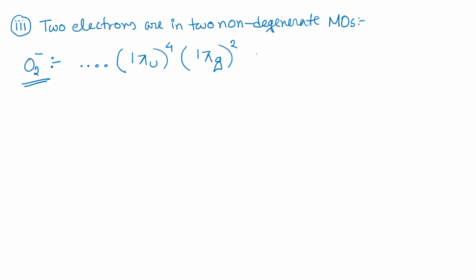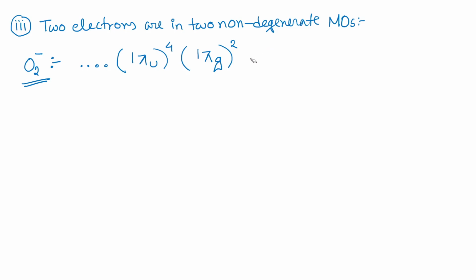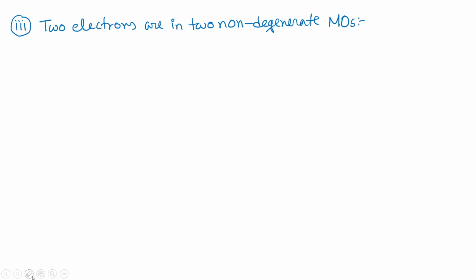Sigma, and that is going to be the sigma antibonding, sigma u. I am not sure what is going to be the nomenclature. Sigma u, and one electron is there. Okay, this is O2 minus. Oh, I am writing it wrong. I'm very sorry. This is not a proper example, I guess. Maybe I have to choose something else, not O2 minus. But I think you can understand my point, what I'm trying to say.